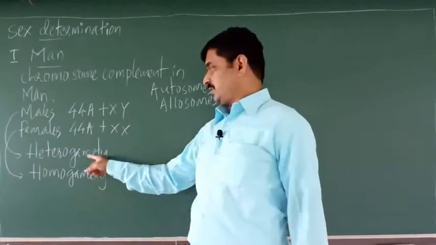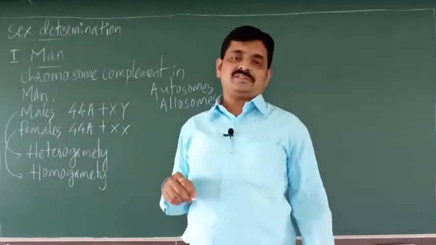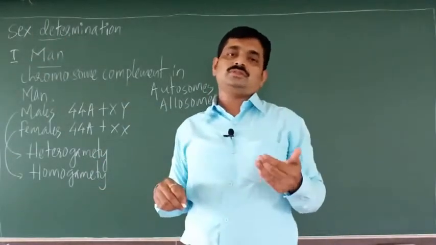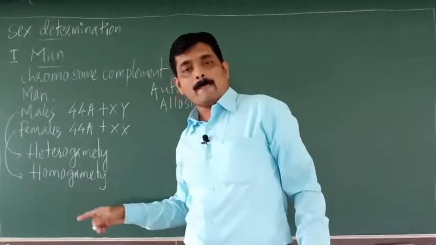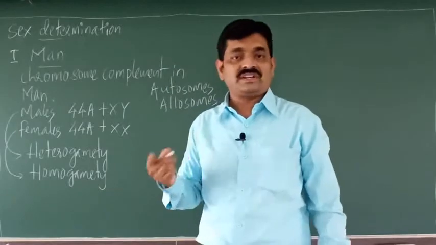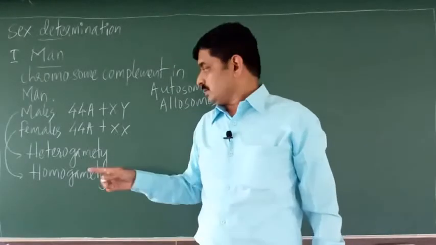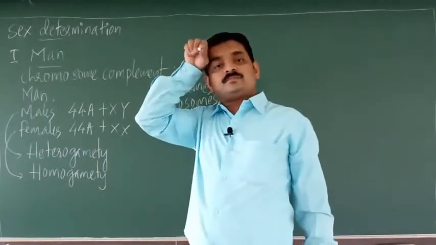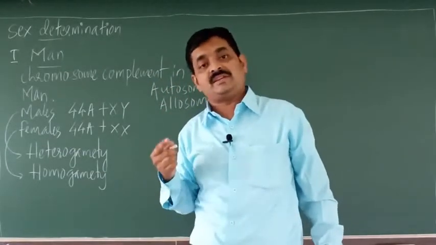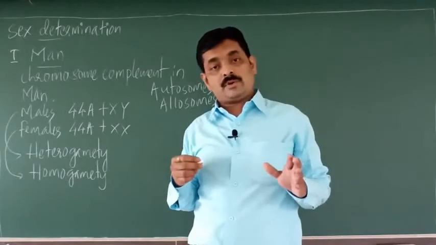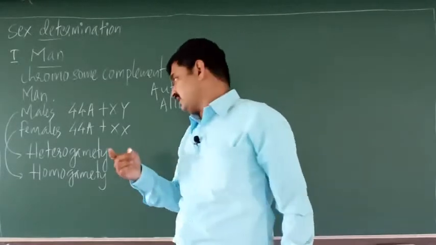So what is heterogamety? Heterogamety means production of two types of gametes, whereas homogamety means production of one type of gametes. Here in man there is male heterogamety. It means a male produces two types of gametes.